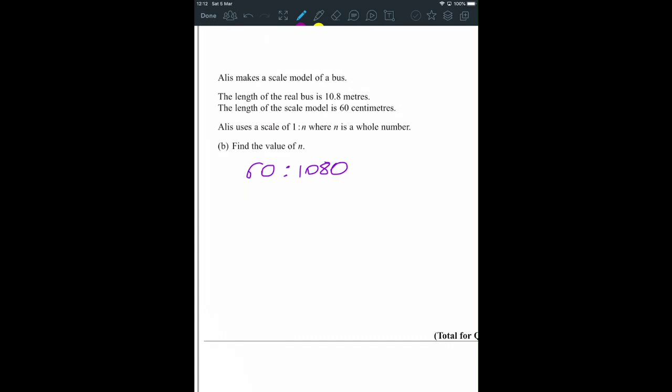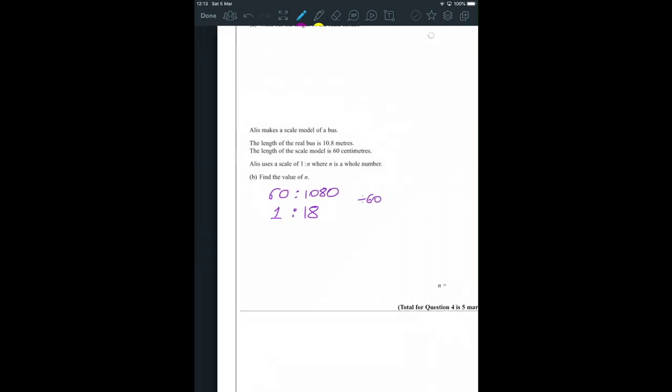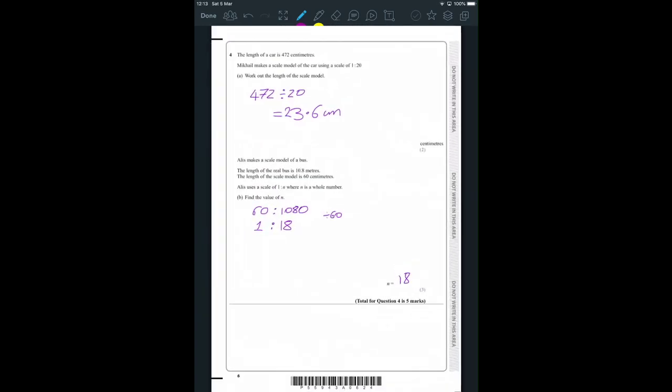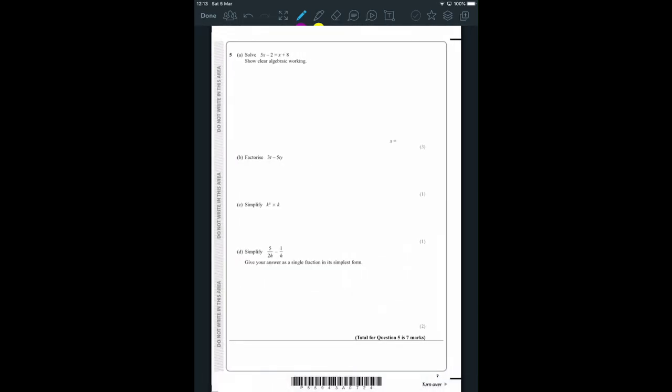So it's 60 to 1080, dividing by 60 to get it to a 1 to n style ratio. Our calculator tells us that it's 1 to 18. So n is 18. So in this case, the bus is 18 times larger than the model.